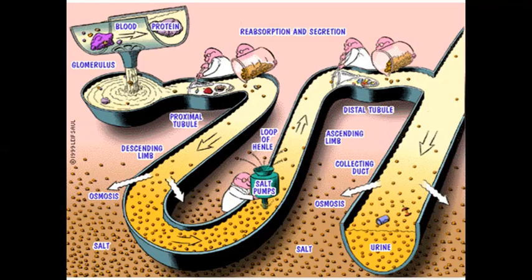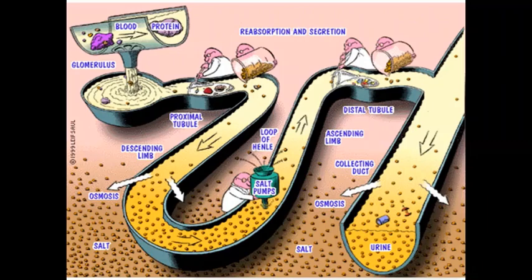So in the proximal convoluted tubule and distal convoluted tubule, there is absorption and reabsorption taking place there. They will modify the kind of urine that is being produced. So these factors, reabsorption and secretion, will modify the type of urine that is produced depending on the requirements of the body.